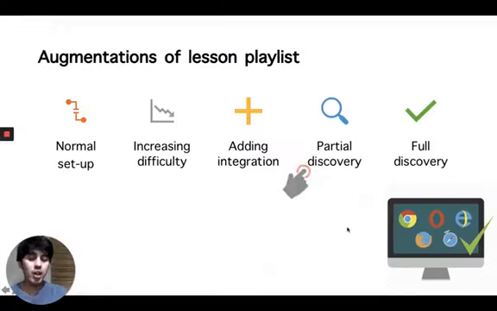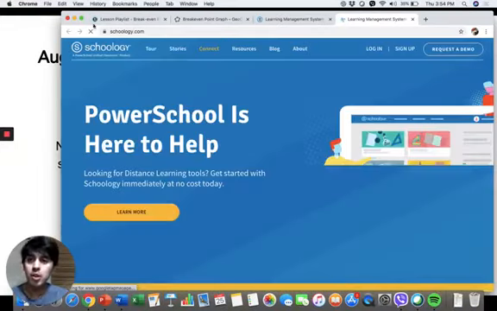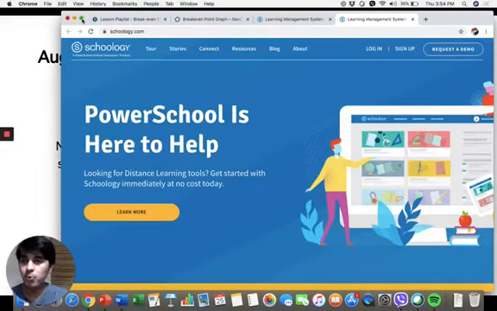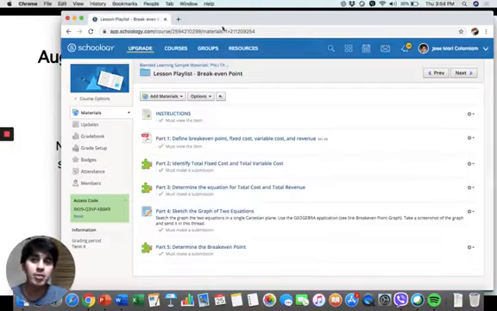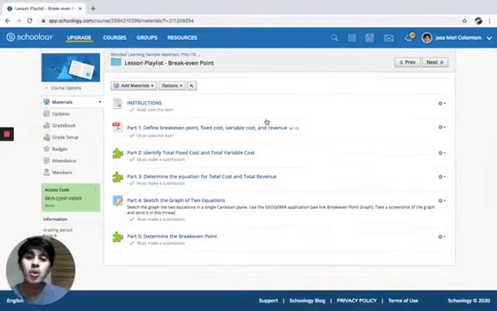Okay, so we're done with partial discovery, and this time we're going to continue with full discovery. So here is an example for full discovery. Also, please take note that regardless of the augmentation of the lesson playlist, all of the lesson playlists will be given to the students without discussion from the teachers.